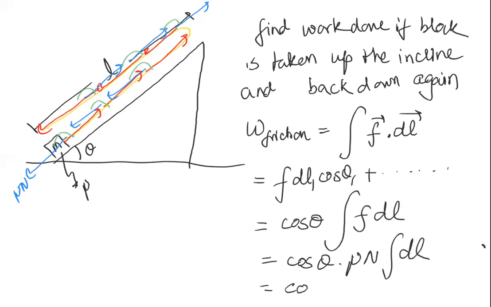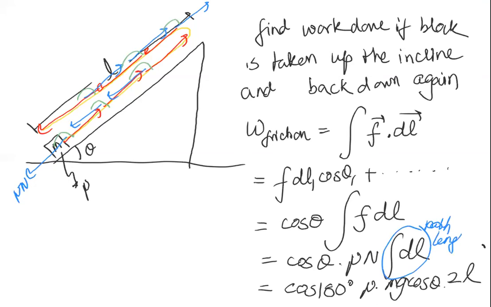So this will be equal to cos 180 into mu into n, which is mg cos theta, into 2l, right? Because the path length is 2l. So work done by friction in this case is minus 2 mu mg l cos theta.